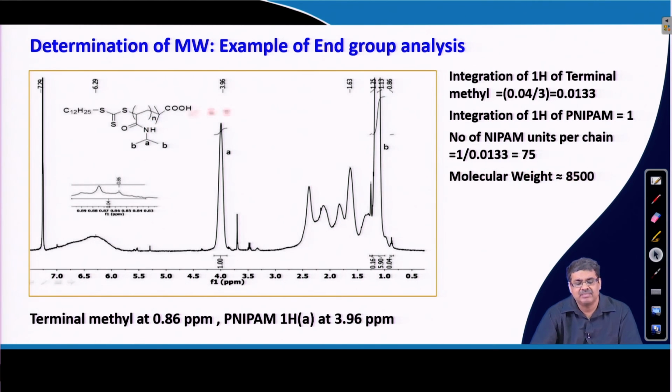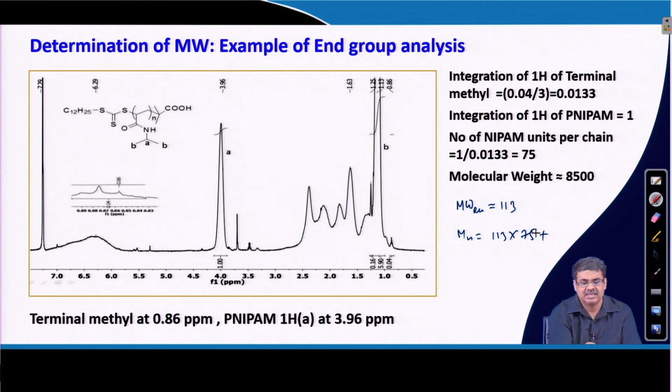That means the molecular weight corresponds to approximately this. The molecular weight of the repeating unit in this case is about 113. So, the molecular weight Mn in this case would be 113 multiplied by 75 plus the N group, which comes out approximately 8500.